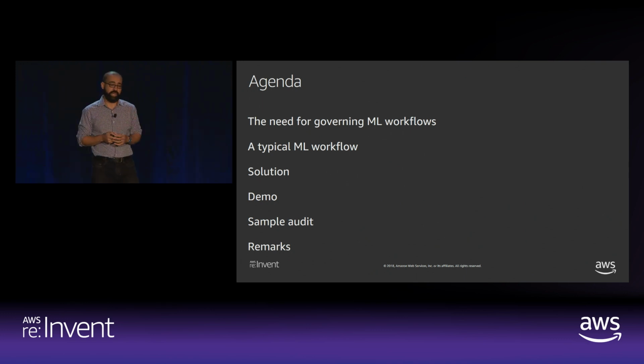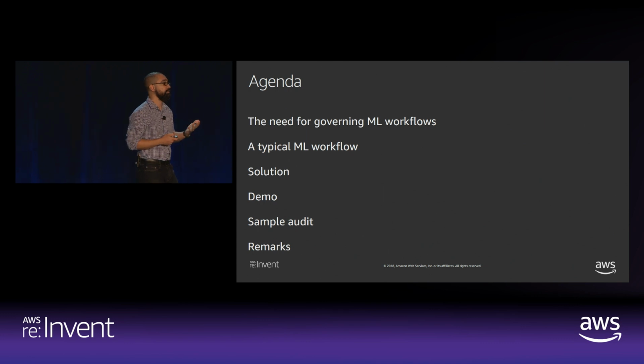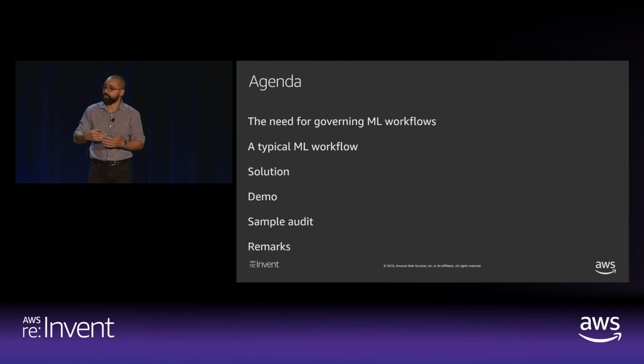So in order to accomplish that goal, I've come together with this agenda. First, I'd like to establish the need for governing a machine learning workflow. It's likely that some of you in this room may already have that need in your head, but we're going to go over it so that everyone's on the same page.